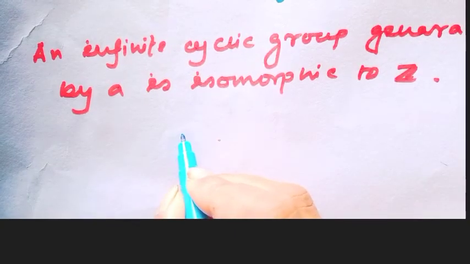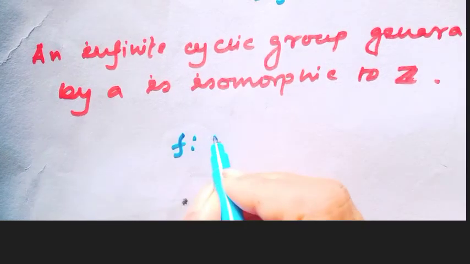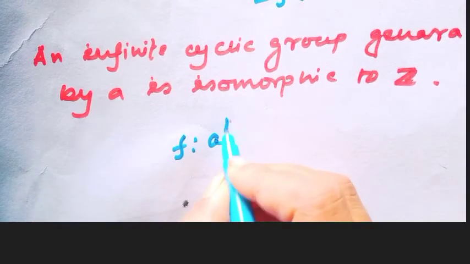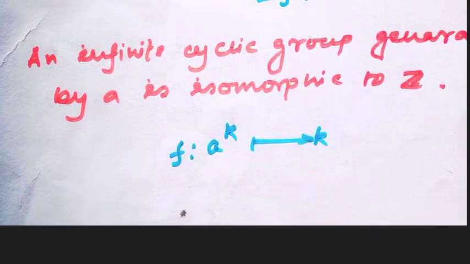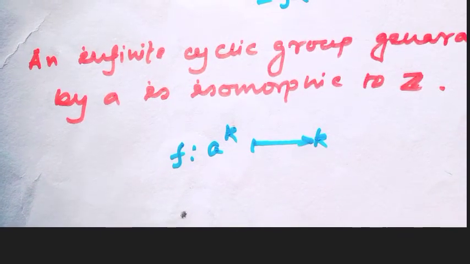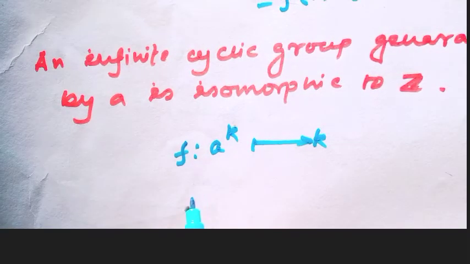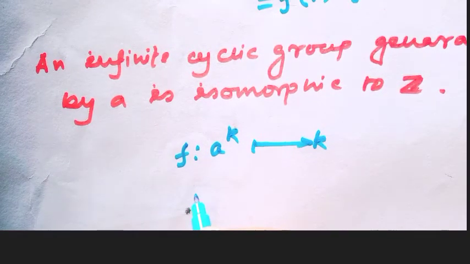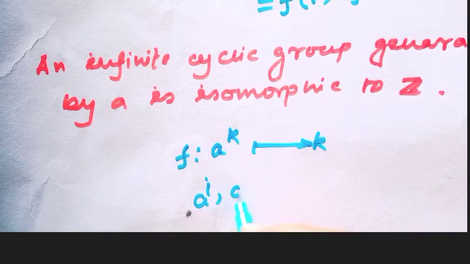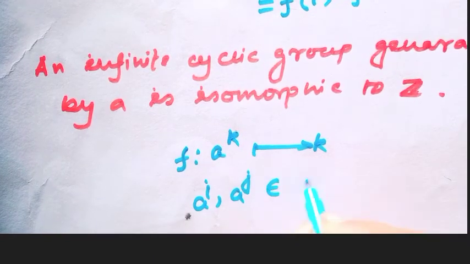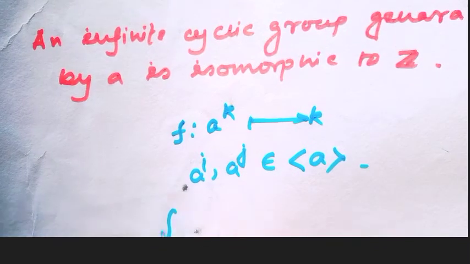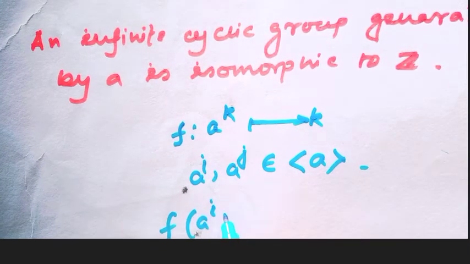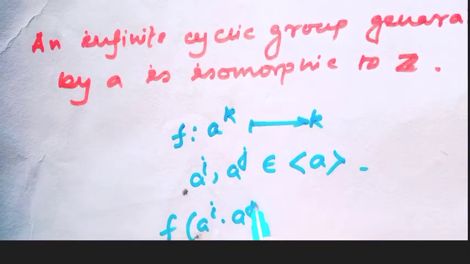How? Construct the mapping f from a to the power k to k. And this is always a homomorphism, because let's consider a^i, a^j be members of the cyclic subgroup generated by a. Then what would be f of a^i times a^j?